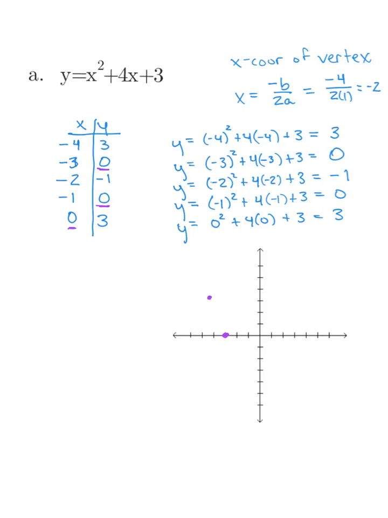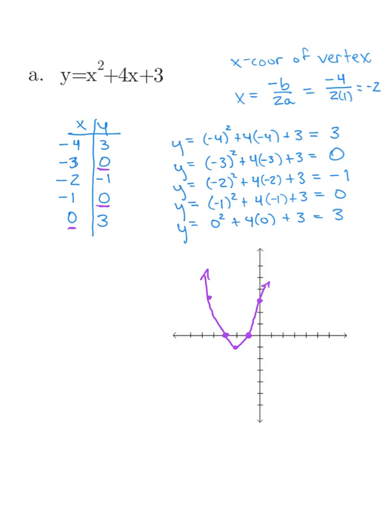We have negative 2, negative 1. 2 to the left and 1 down. Negative 1, 0. And 0, 3. We can go ahead and connect our points. And when we do that, we should get something that looks roughly like this.